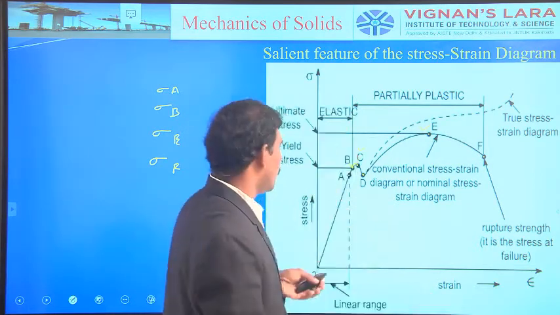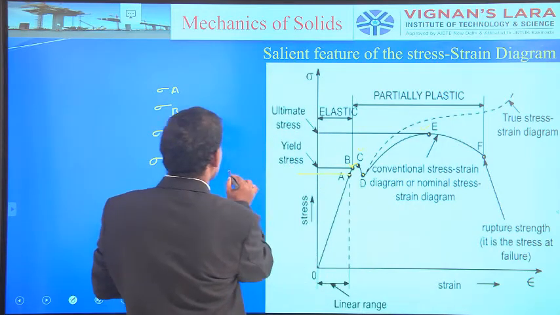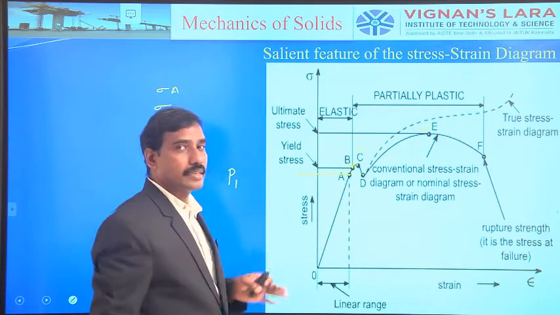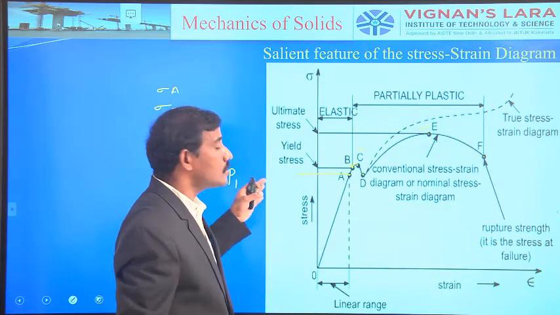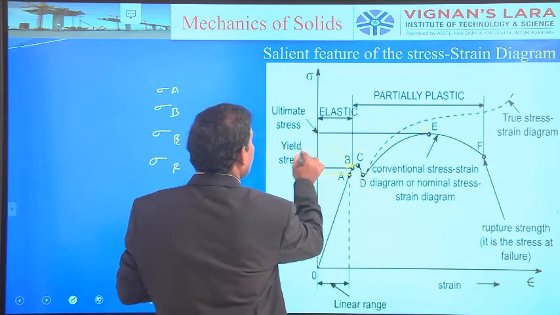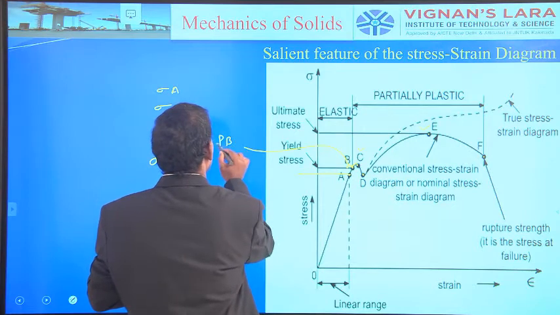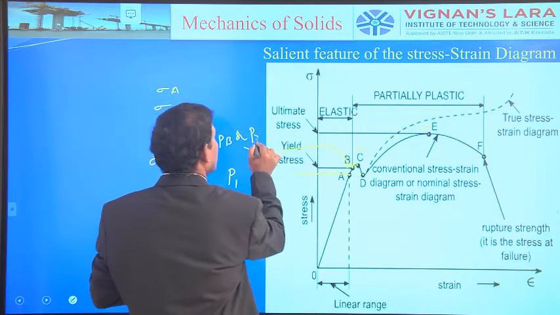If you observe the graph, the load at A is say P1. This is very important. This discussion is very useful while solving the problem. Then the load at B is PB, or say P2.